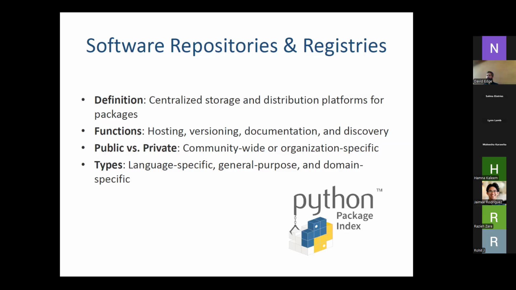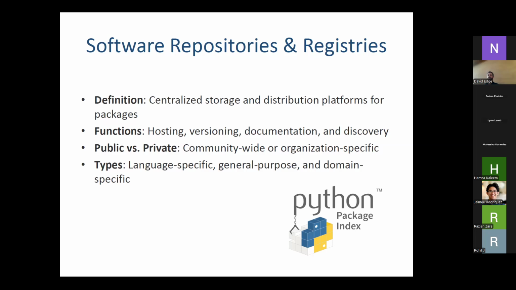So pip that I mentioned before is an example for Python. CRAN would be the most common example for R. So this offers hosting, versioning, documentation, and discovery. So this is where your package will be available, where archived versions will also be available.